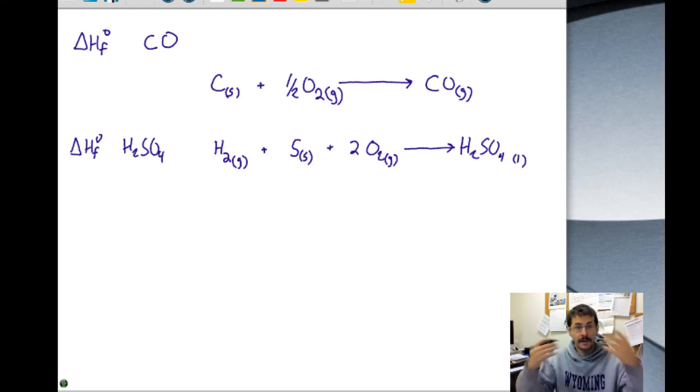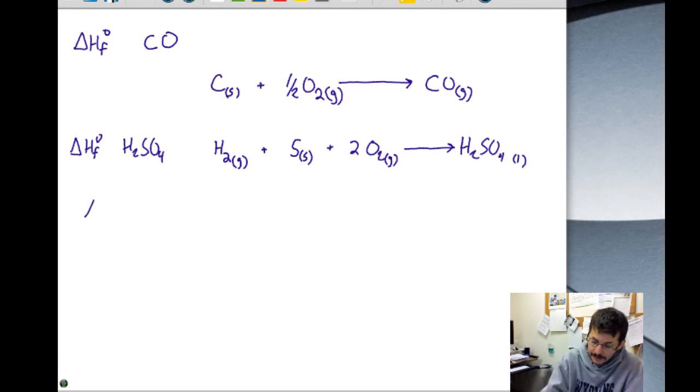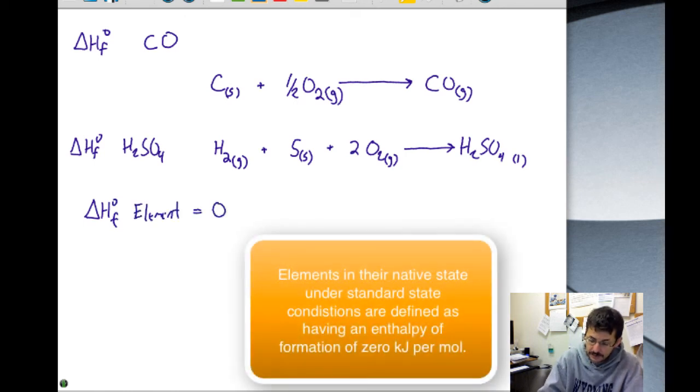So it's the formation reaction. Take the elements, combine them in the appropriate stoichiometry to produce the compound. Unfortunately, these aren't real reactions. This doesn't really happen. The reason we do this is because we define the enthalpy of formation of an element as being equal to 0.